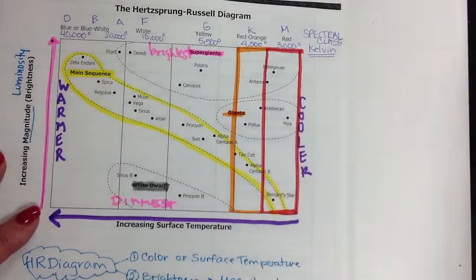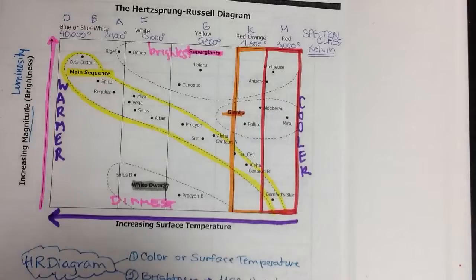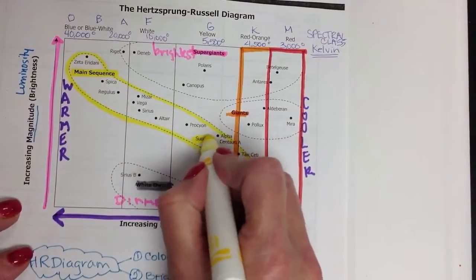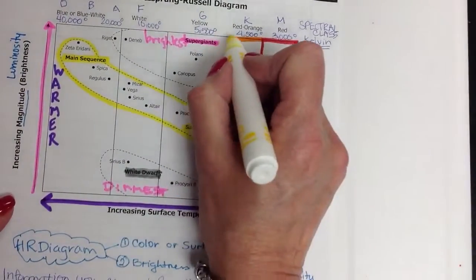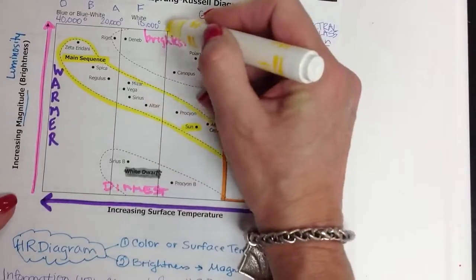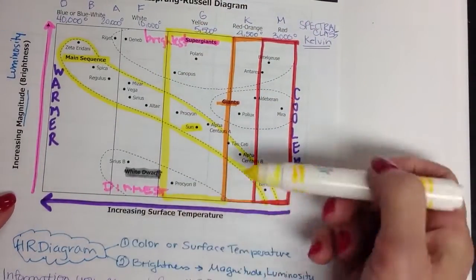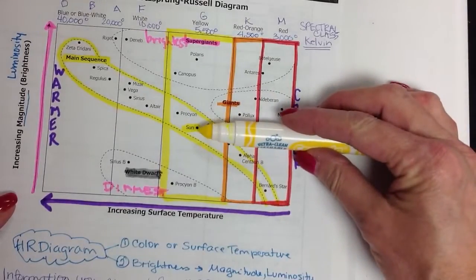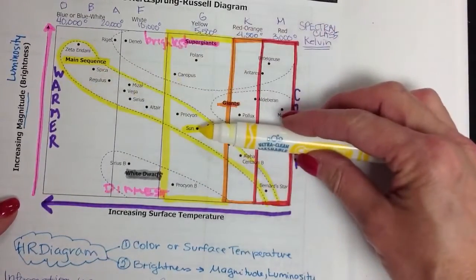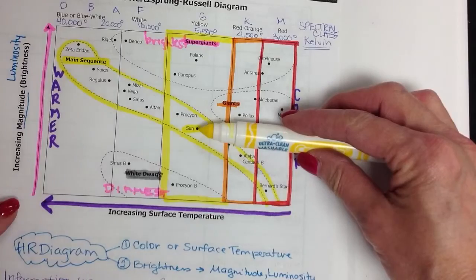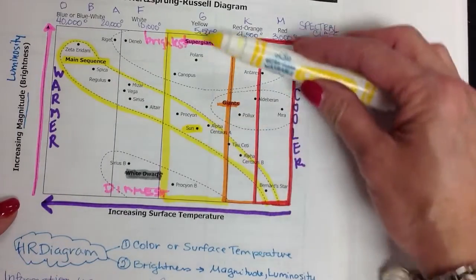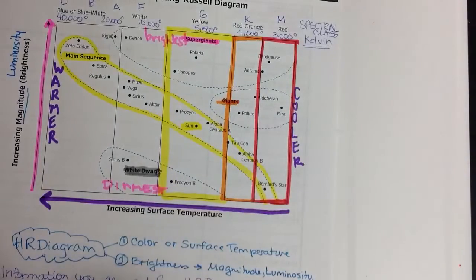Okay? Everybody following this diagram? Yellow, our sun is a yellow star. It's right there, right in the middle of yellow, because all of these here in this diagram are the yellow ones, yellow stars. So our sun is right in the middle of the main sequence. It's a living star, and it's yellow in color, and we already know its size is medium. So here it's all coming together, I hope.